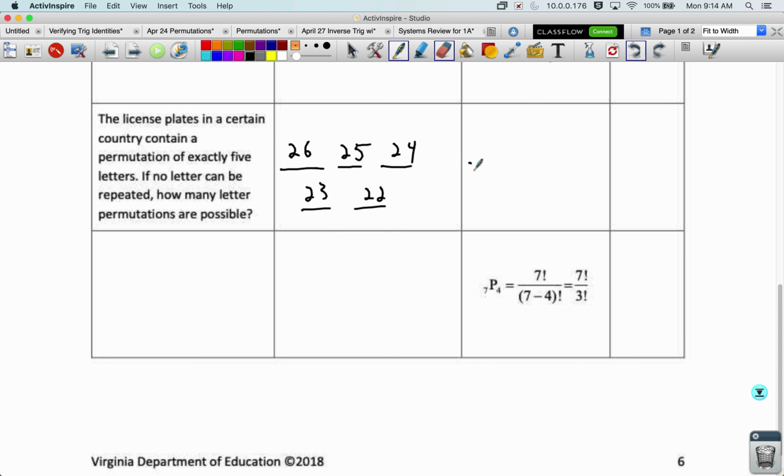This is 26 pick 5, which is equal to 26 factorial divided by 21 factorial. And I'm going to plug this into my calculator as 26 times 25 times 24 times 23 times 22. And we get 7 million.